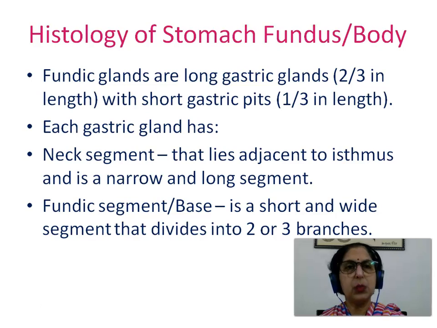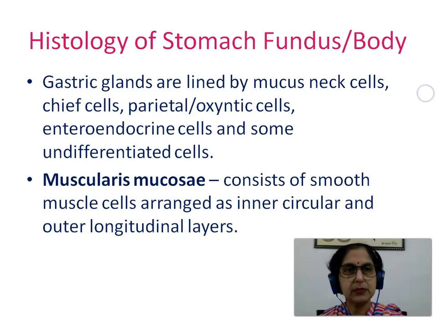Each gastric gland has got neck segment that lies adjacent to isthmus and is a narrow and long segment. Fundic segment or the base is a short and wide segment that divides into 2 to 3 branches.